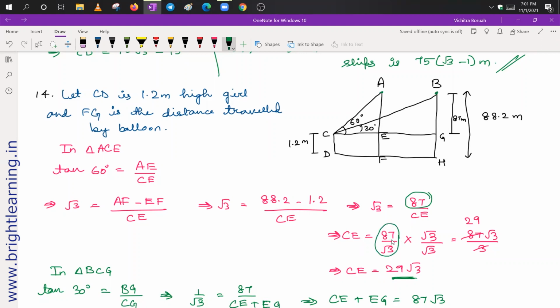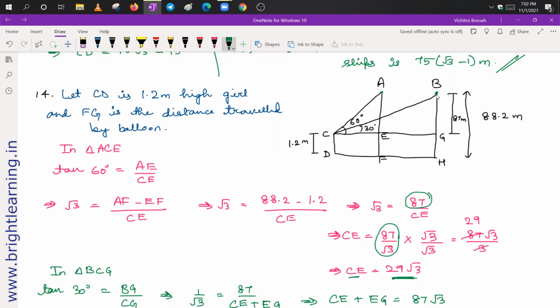Next, just rationalize it: multiply both numerator and denominator by root 3, just to remove root 3 from the denominator. Root 3 into root 3 is 3, and 3 into 29 is 87. So you got the length of CE, which is 29 root 3.